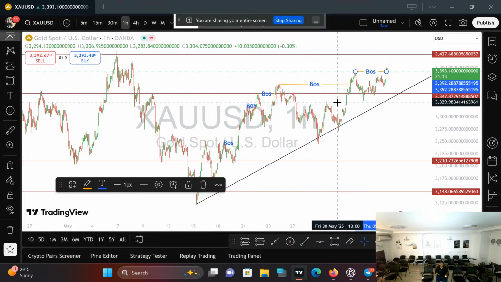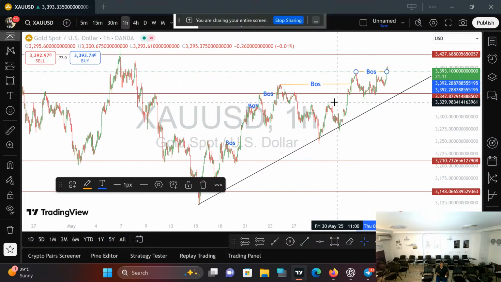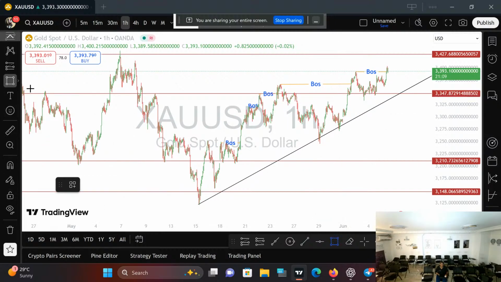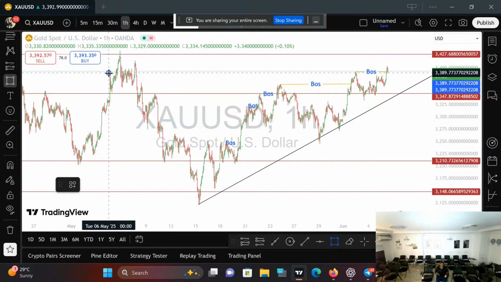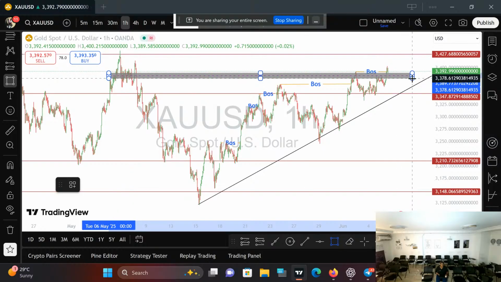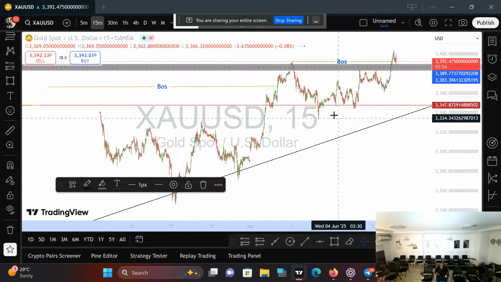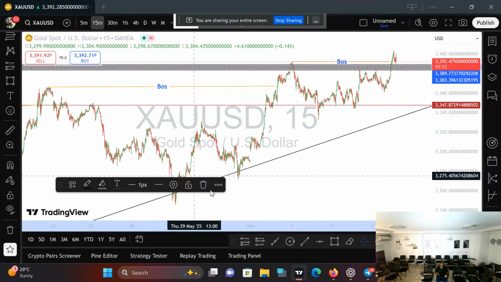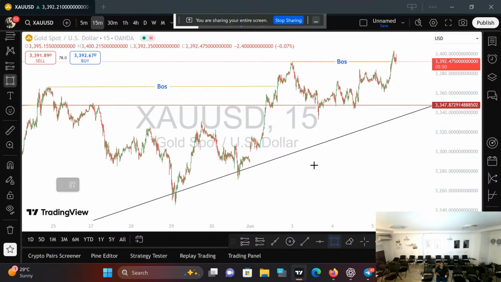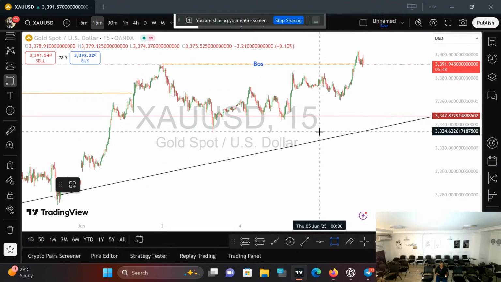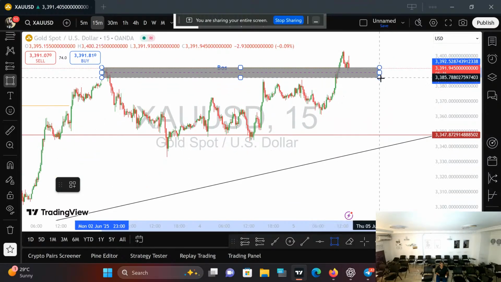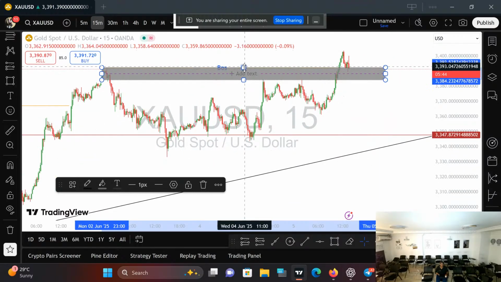And also, if we look at it very well, we're going to see that we have a support and a resistance level. This is a previous zone, it is a zone itself. I think this will be more clear on the 15 minutes time frame. We have this resistance zone.